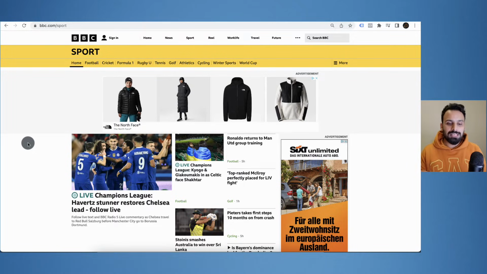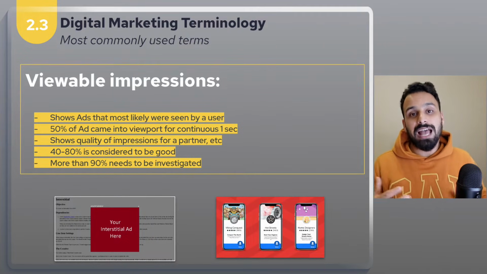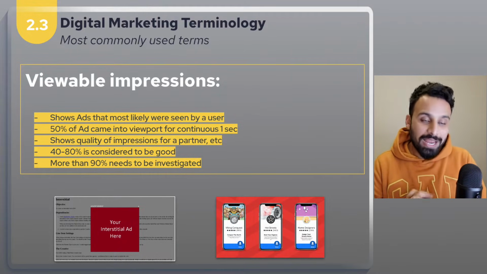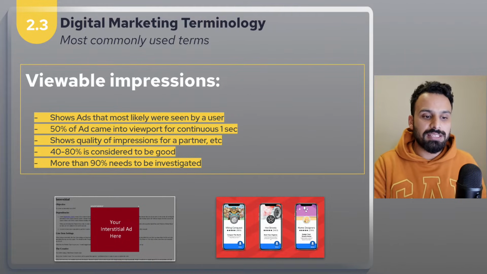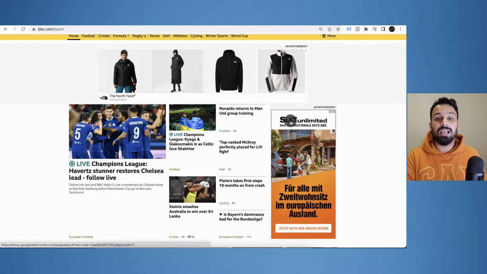A viewable impression gives you an idea of what percentage of your ads was most likely seen by a user. Now, when does a platform count something as a viewable impression? The condition is that 50% of the ad comes in the viewport for at least 1 consecutive second.